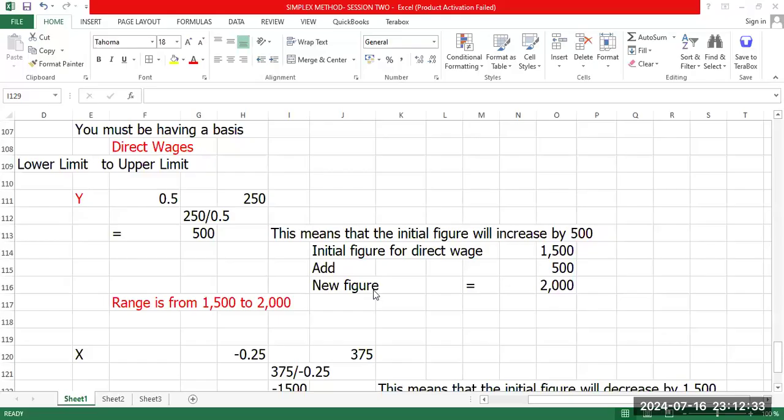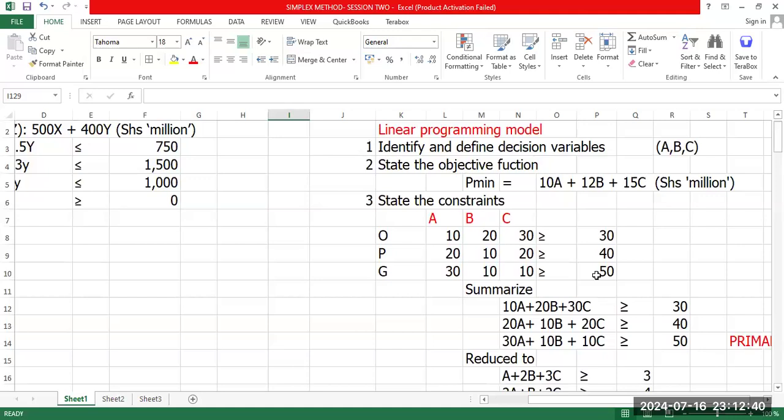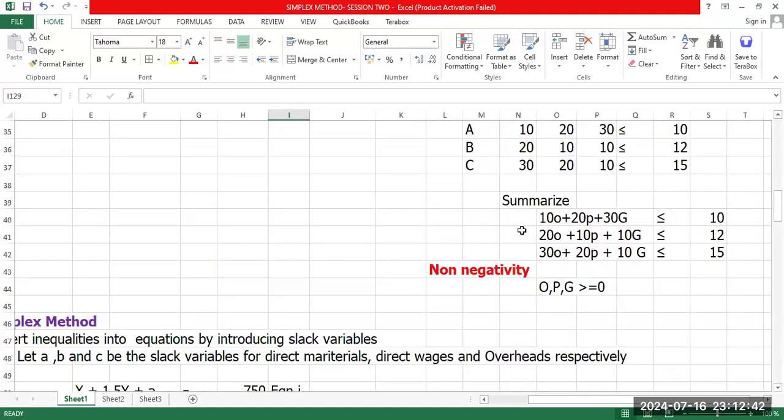In your free time, I don't know whether you have free time, but in case you happen to get it, I want you to get this summary and solve it using the Simplex method. This is your problem.